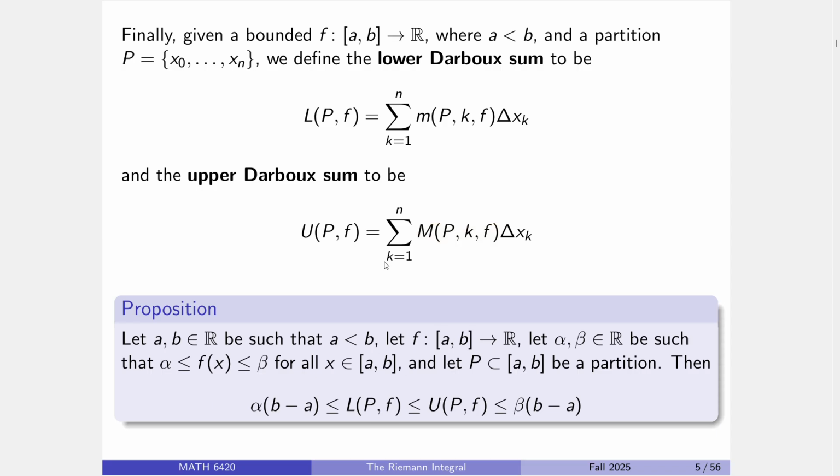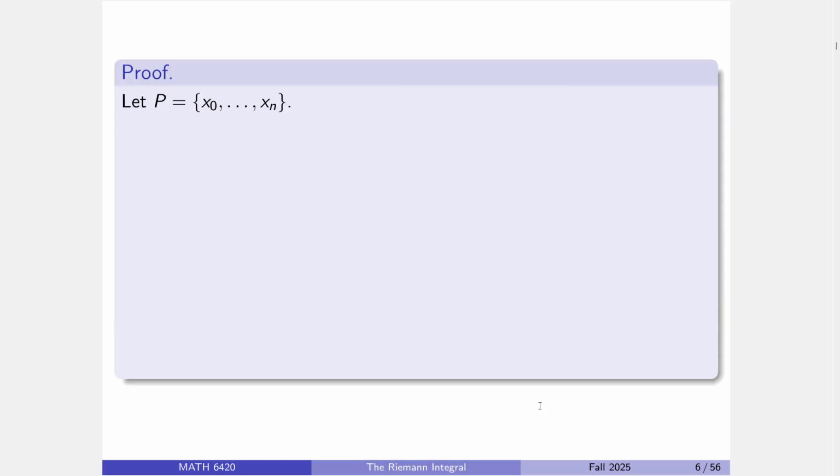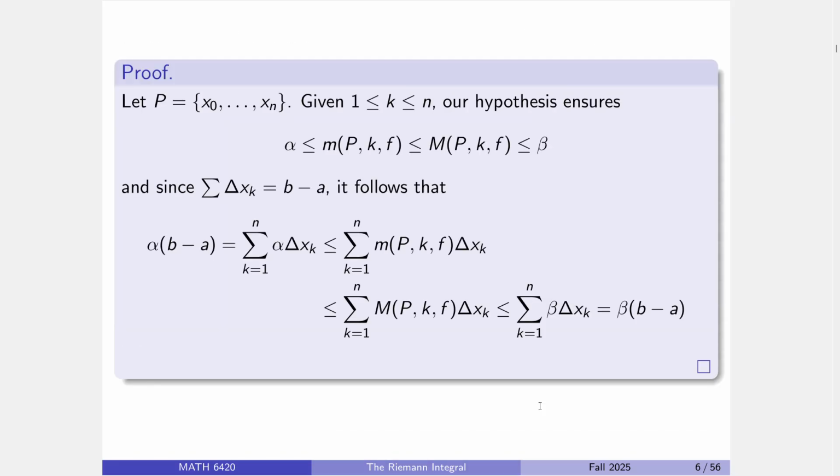All right, and so note every lower Darboux sum is less than every upper Darboux sum, and those are bounded above and below by whatever the upper and lower bounds are from our function, multiplied by the length of the interval. All right, and quick proof of this. Take your partition. By our hypothesis, we know that the inf and the sup of the function on the subintervals are bounded by alpha and beta.